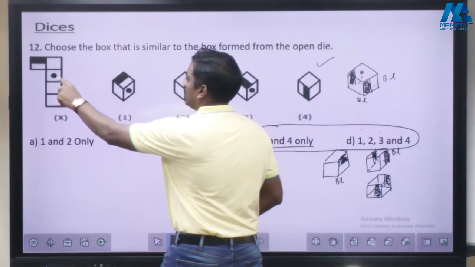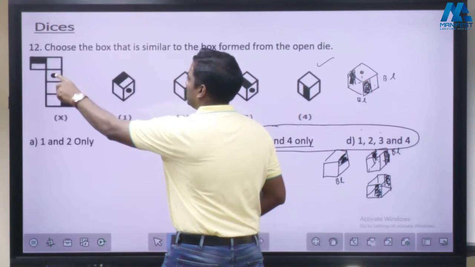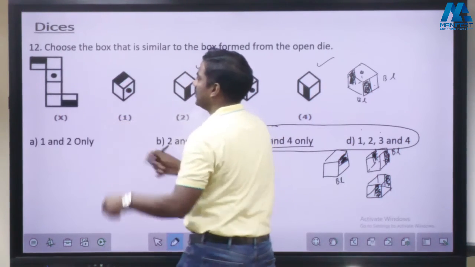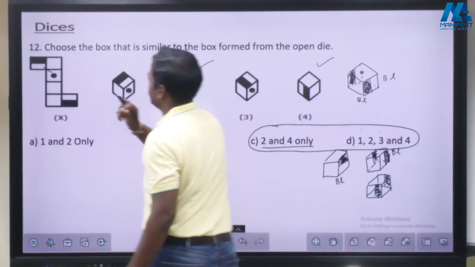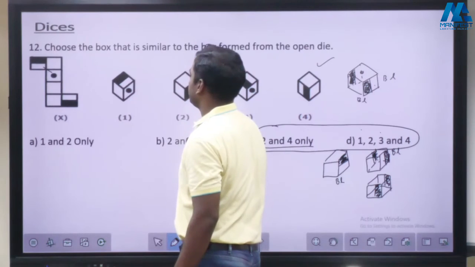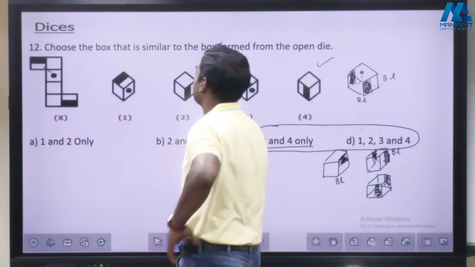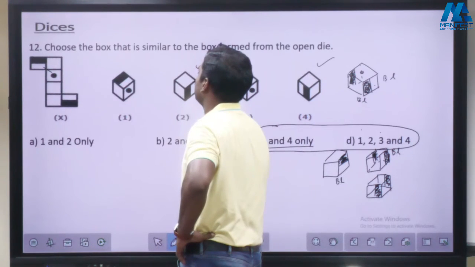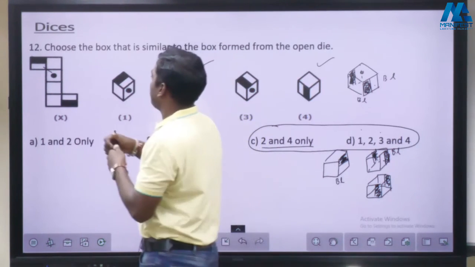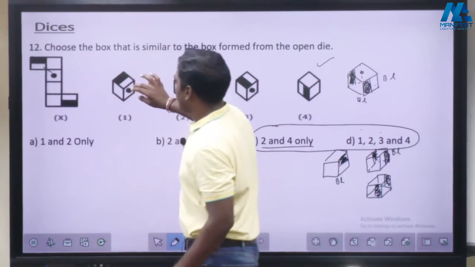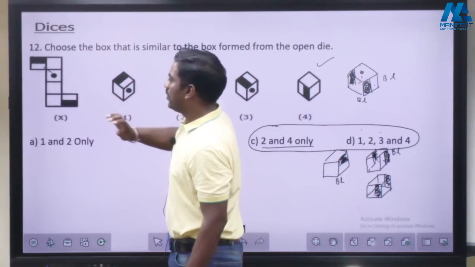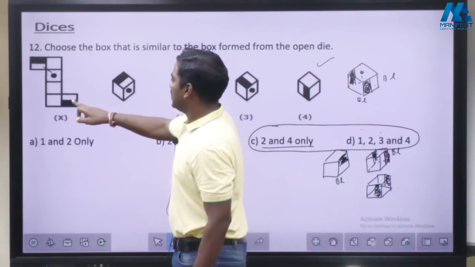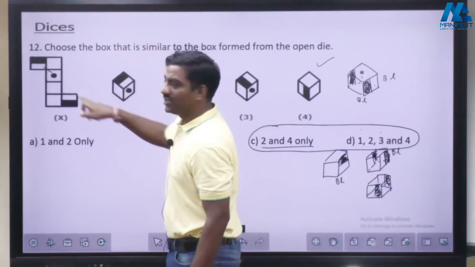And this has to be adjacent. So fix up. No, you cannot fix these 2 because... actually you can. Bring this here and keep it like this. This will become the top. And anyways, this will go to the bottom because these are 2 opposite.